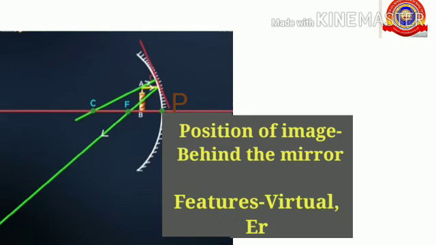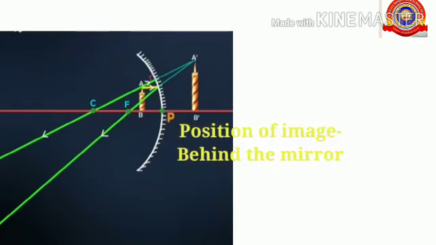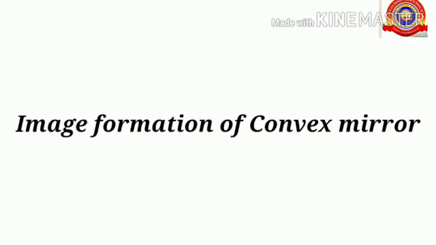The second ray of light goes perpendicular to the concave mirror and after reflection goes through the center of curvature, and the rays of light will not meet at the side of the object, and by extending the lines we get the image behind the mirror. So here the position of the image is behind the mirror and the features are virtual, erect and magnified. Virtual means not real.